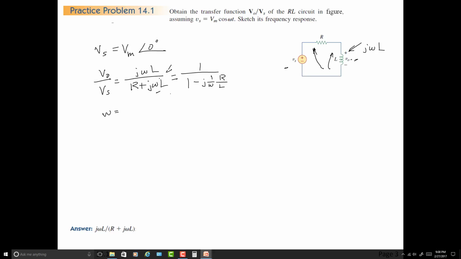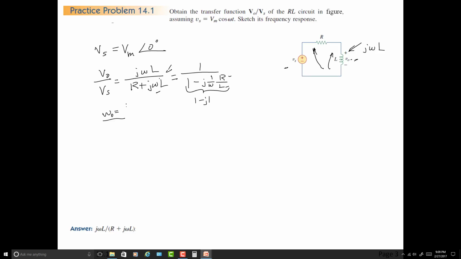And so you'll notice if we hit a frequency, which we're going to call omega 0, and there are always these omega zeros, sometimes many of them, it's going to be the frequency that makes this whole term be 1 minus j1. And that frequency is when omega is the inverse of this portion, right?